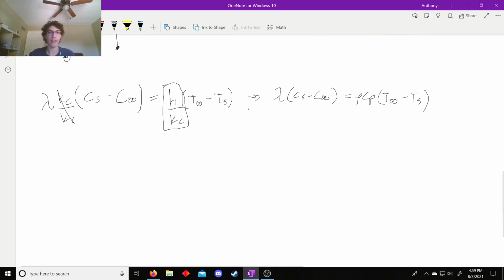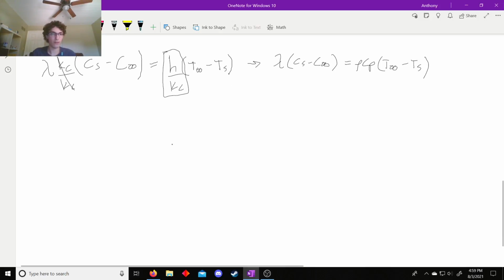And the way we're going to do that is we're going to replace these concentrations with partial pressures. So we will come down here. And we still have our heat of vaporization of water. But now we have our partial pressure of water at the surface, which again is the partial pressure of water vapor directly above the surface.